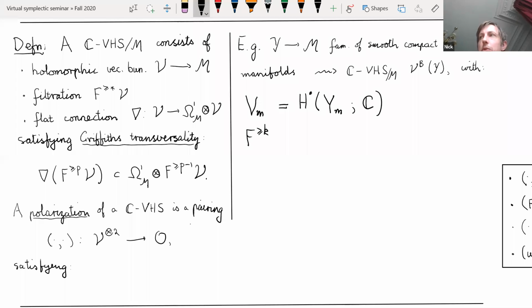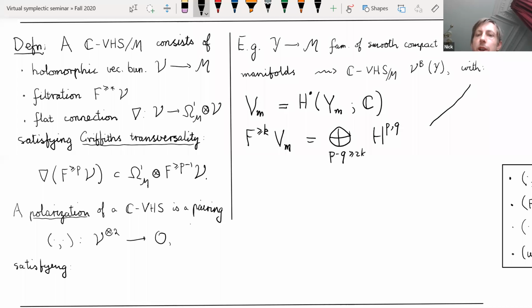The filtration we put is a version of what's called the Hodge filtration, and it looks like that.